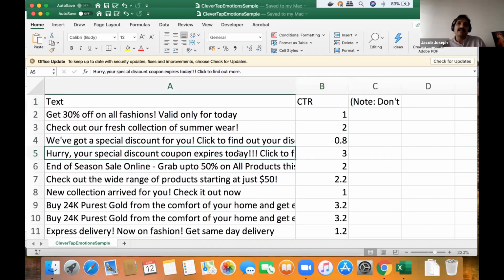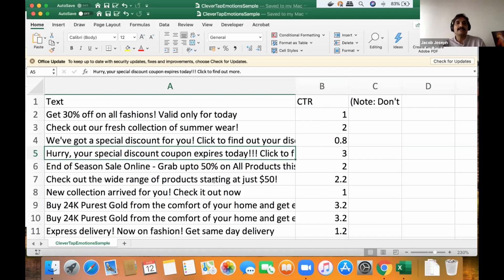There is another option where you don't give the CTR and just give the text part. But I feel if you want to know what works with your audience, you need to have this column as well.